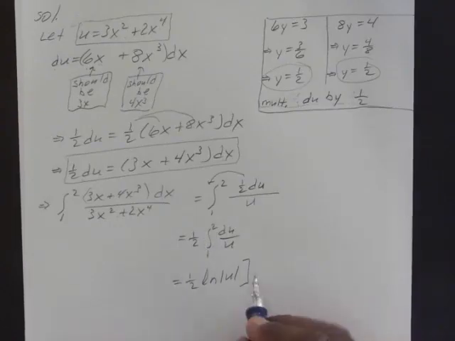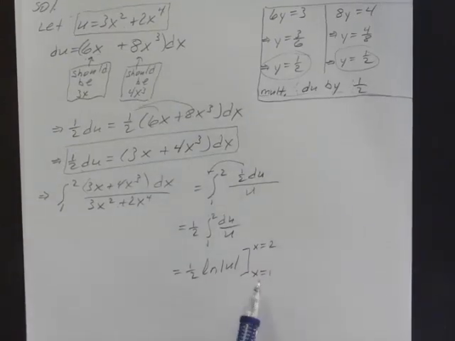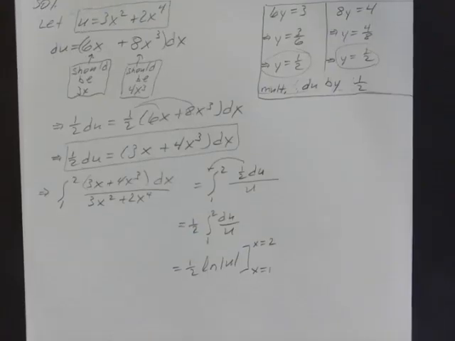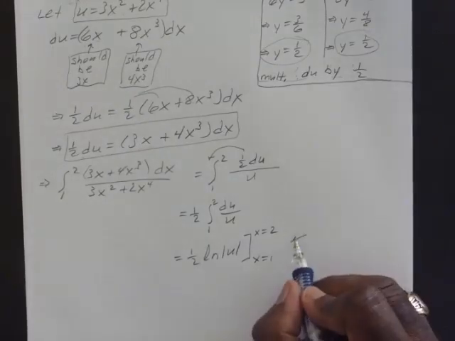But remember, this is still from x is equal to 1 to x is equal to 2. So you don't want to just plug it in and get natural log of 2 minus natural log of 1. That would have been the incorrect answer. So it's still the x values. So before you plug them in, you have to replace your u.